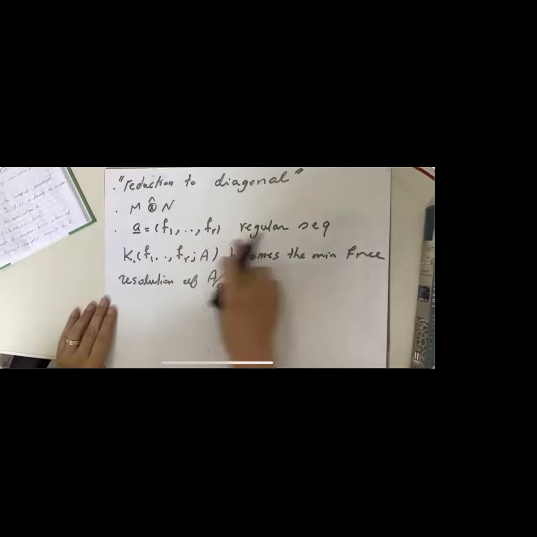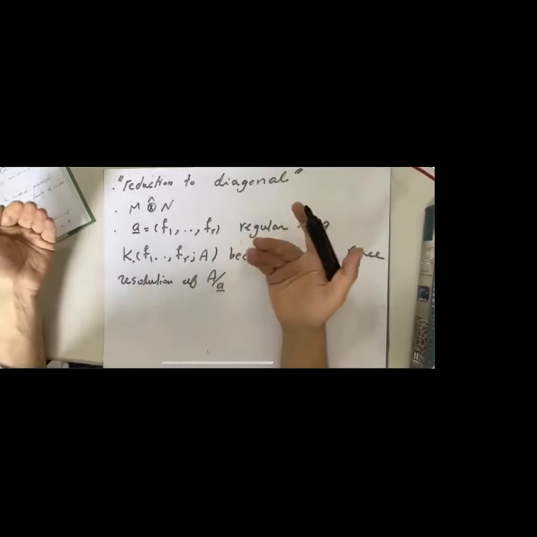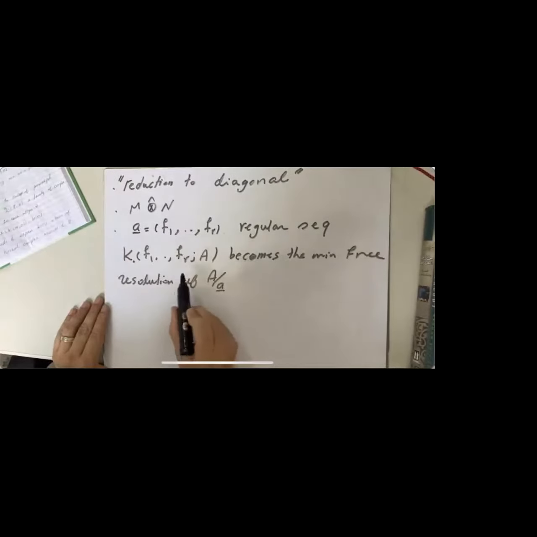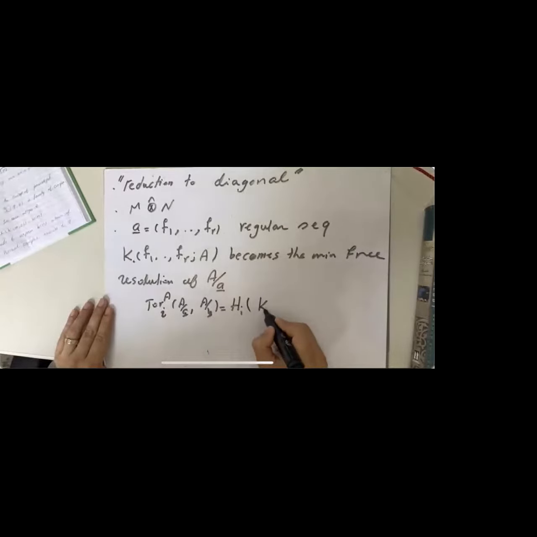But if this is a regular sequence, then one of these necessities is very easily satisfied, and then we have the structure of the Koszul complex as a resolution, and then Tor_i of A over B is just the ith homology of the Koszul complex with respect to these r elements, K_r, K_0, tensored to A over B, right?